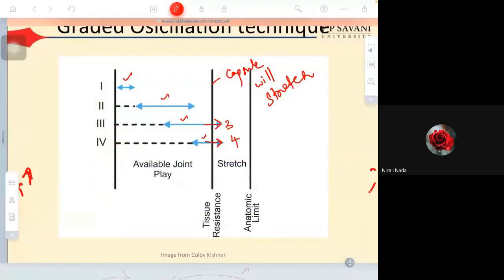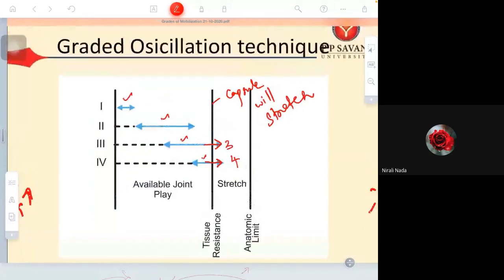If you want to mobilize the joint, listen carefully. If you want to mobilize the joint, then along with grade 1, that is, with grade 1 of the graded oscillatory technique, you will give sustained translatory joint play technique grade 1.